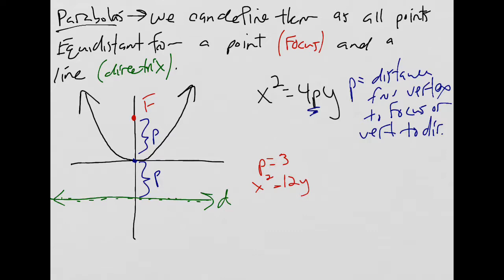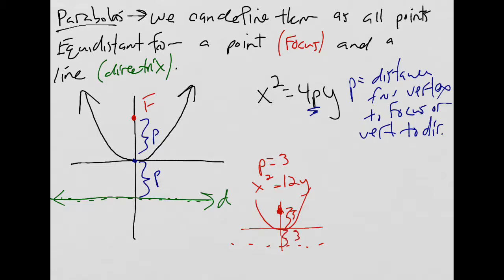That's going to give a parabola that goes like this, and this distance from here to here is 3, and then my directrix is down here, and that distance is also 3.